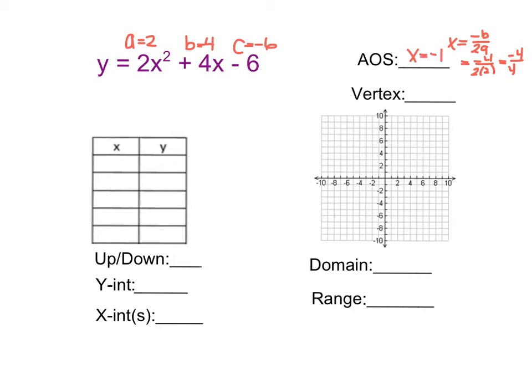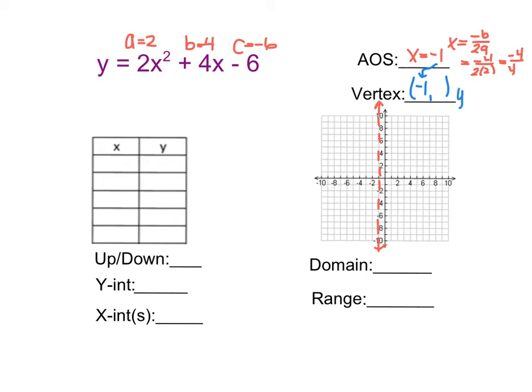So if I go over to my graph, I can draw my axis of symmetry and say this is where my graph is going to be centered. Then the second piece I look at is the vertex point. And again, I know the vertex is a point, and I know that the x value in the axis of symmetry is shared by the vertex. So now I'm going to substitute that value into my equation and find the corresponding y value for that vertex.